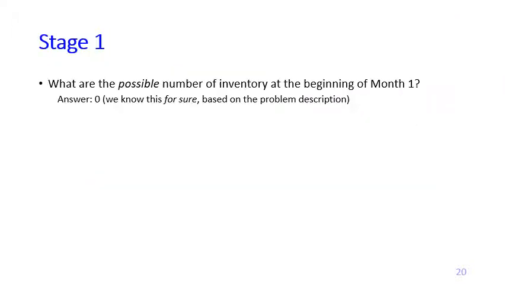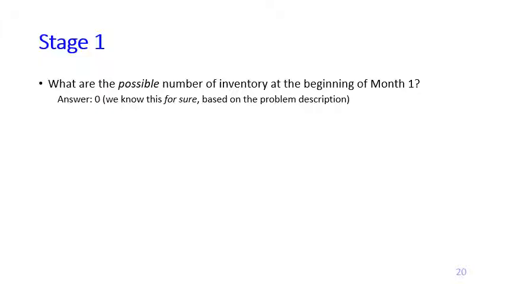We go backward again, and now we are at stage 1. Same as before, I asked this question: what are the possible number of inventory at the beginning of month 1? However, this time the answer is different. The answer is 0 and only 0. We know this for sure because based on the problem description, it says that at the beginning of month 1, we have 0 items in the inventory.